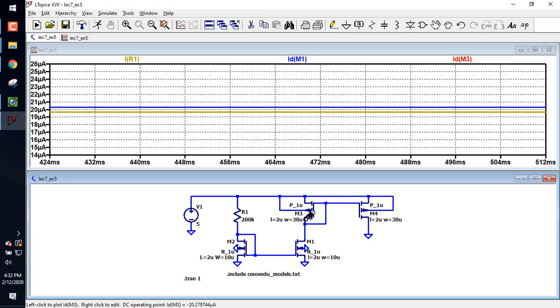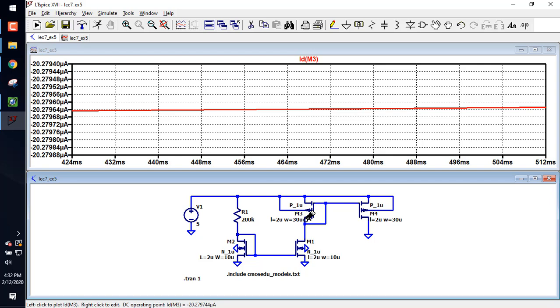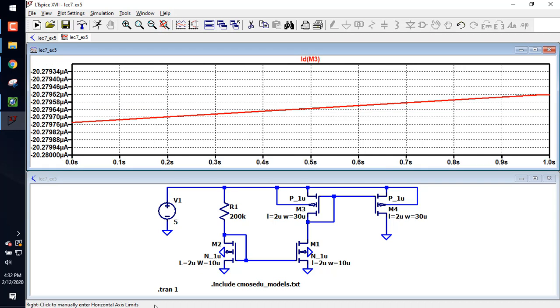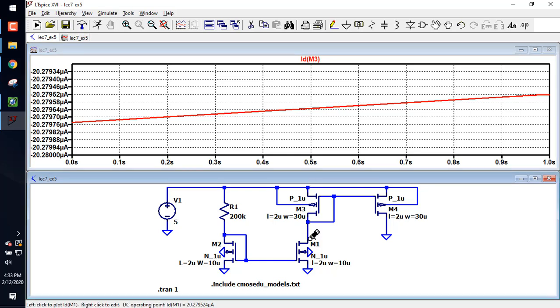Well, that's why I did it here where it was the drain coming out of the device. All right, let me just make sure. Something funky's going on here. Okay, there we are. Let's hit full. Let's go over here, hit full. Huh. Why is it changing? I put 1 second. It shouldn't be changing. I guess it's numerical. Let's go over here.